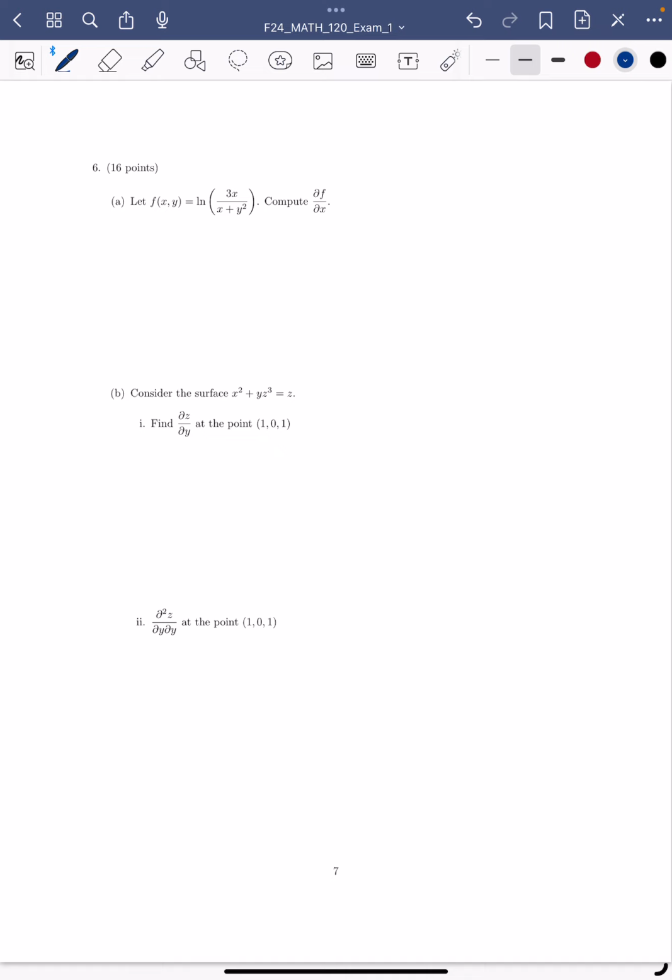So we can compute directly and use chain rule, but let's simplify this as log 3 plus log x minus log of x plus y squared. And now it's easier to compute. So you get 1 over x, and minus 1 over x plus y squared.